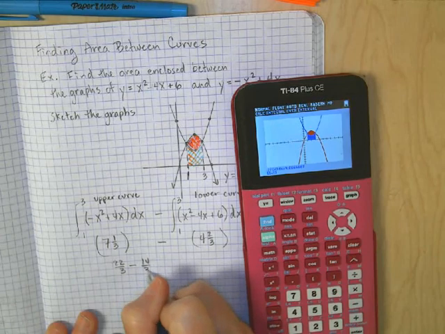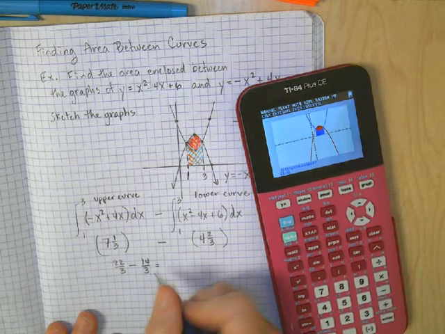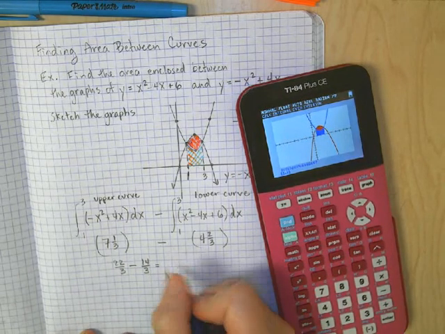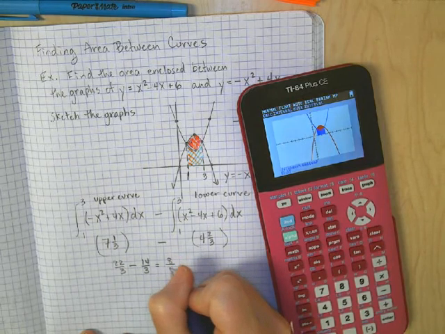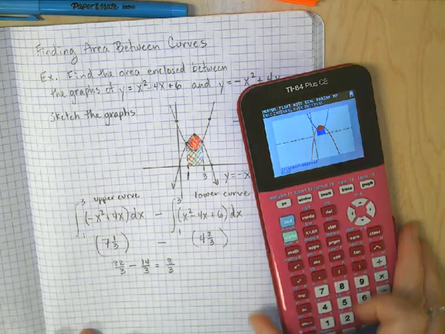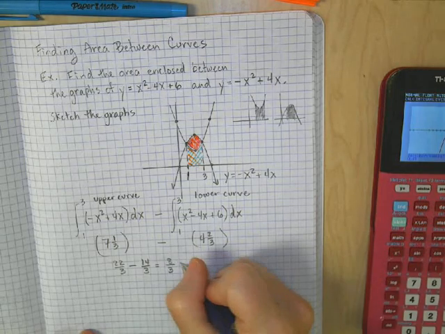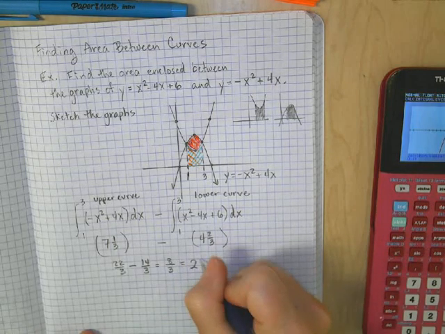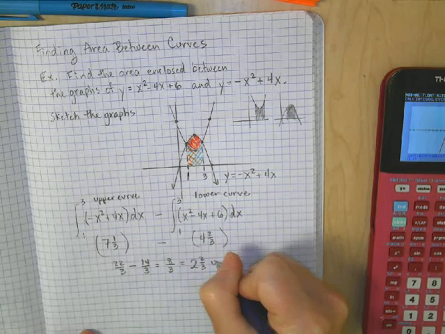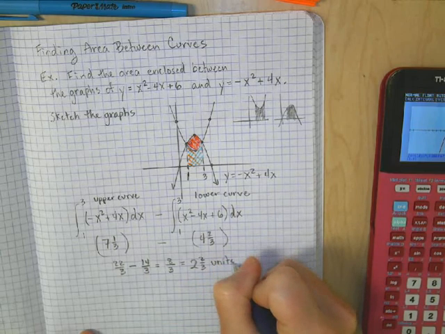Actually, I could just do this by hand, can't I? So 22 minus 14 is 8 over 3. And then I can change that back to a mixed number. So that would be 2 2/3. And then it's an area, so it would be units squared.